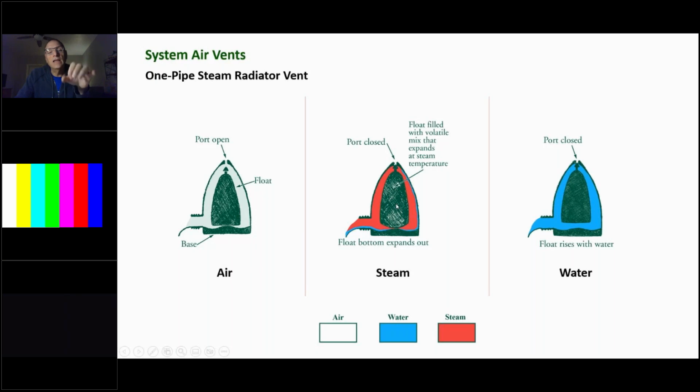The steam heats that liquid up, which expands that float until it pushes the pin up into the port to close it off. And it will keep it closed until the radiator starts to cool, and it'll keep it closed while it's cooling, because we have to get that water evacuated out of that one pipe steam valve.